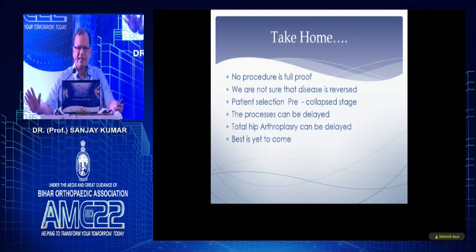We don't have a clear-cut answer on this subject. Only the result of arthroplasty is predictable, but as this disease occurs in the young, the problem lies there. So all measures have to be taken so that the arthroplasty can be delayed.